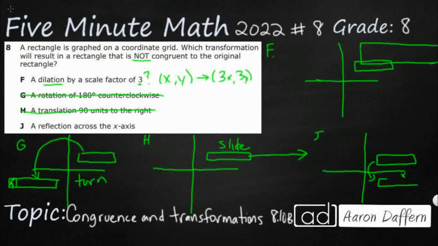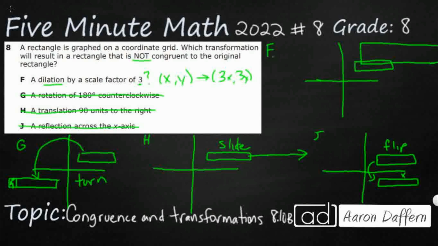It's like a mirror. The mirror happens to be, in this case, the x-axis. Sometimes it's the y-axis. So this is a flip. But if I flip it, I'm not making it any larger. I'm not making it any smaller. I'm taking the exact same shape, and I'm flipping it across a certain axis, which means it is still congruent. And if it's still congruent, it is not the answer I'm looking for.